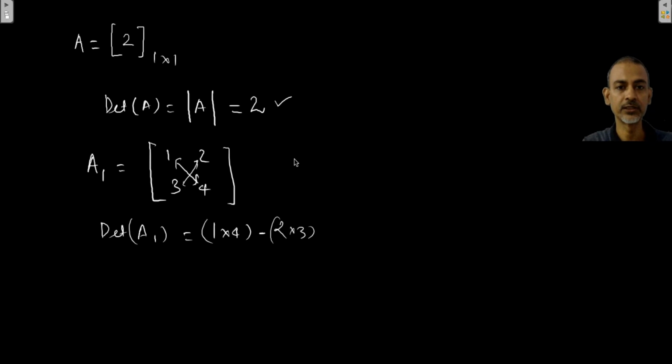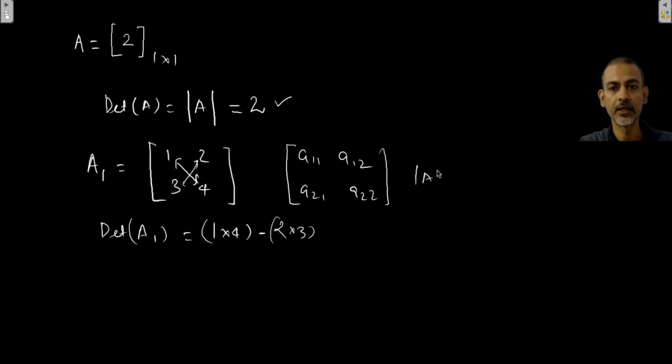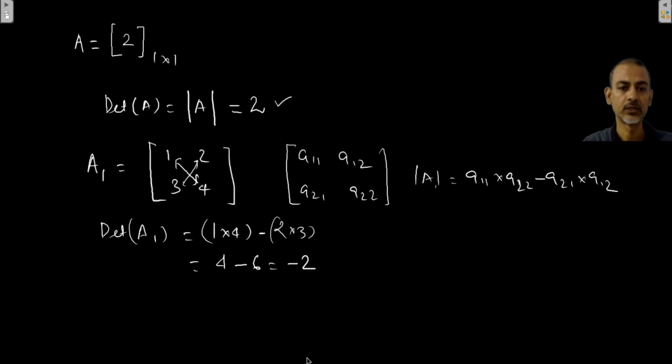If I put it in generic terms, if it is A11, A12, A21, A22, then my determinant would be A11 into A22 minus A21 into A12. As you can see, 4 minus 6 gives the value minus 2. Again a number.